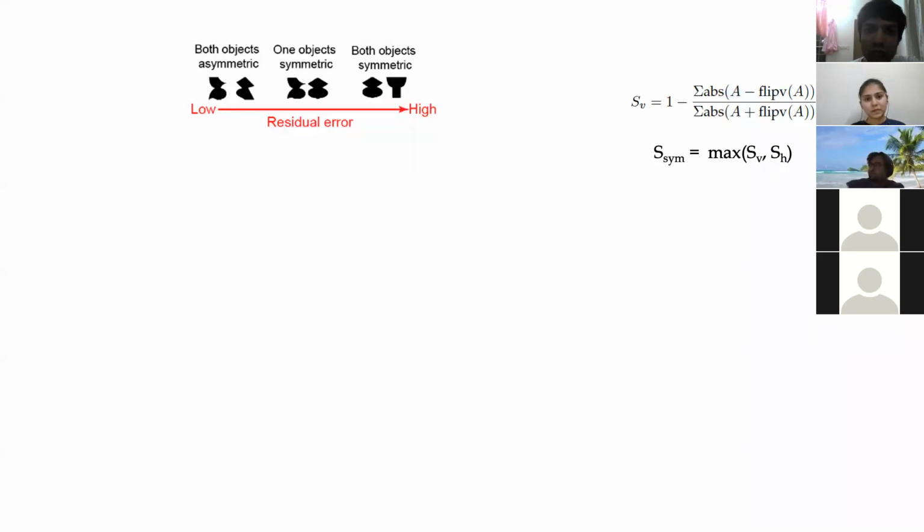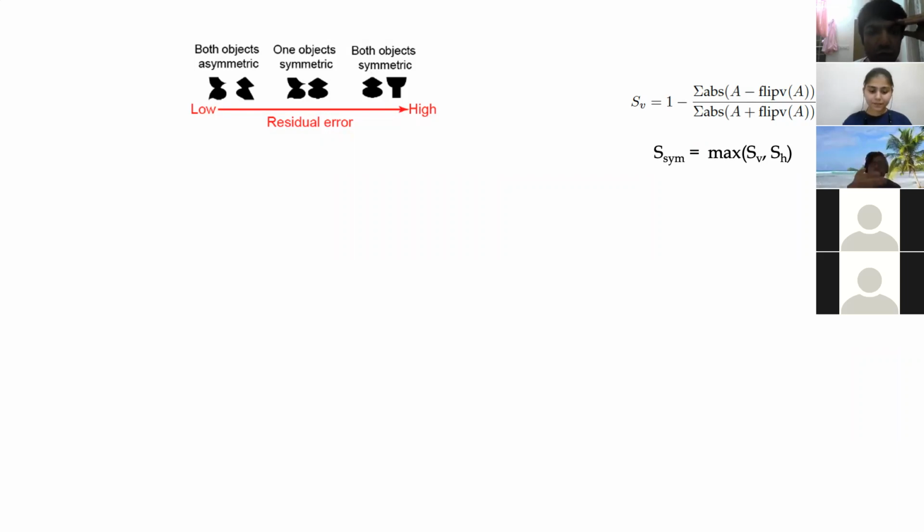And this average difference will be 0 if the two halves are perfect reflections of each other, which means the object is actually symmetric, like bilateral symmetric along the vertical axis, right? So 1 minus whatever number you get from this average difference will give you a score of vertical symmetry, right? And you do this for both objects in the image pair.